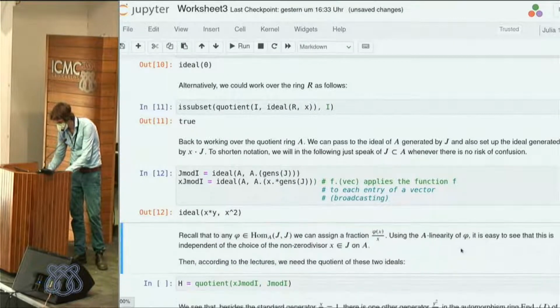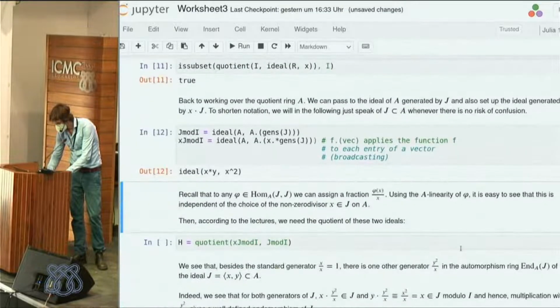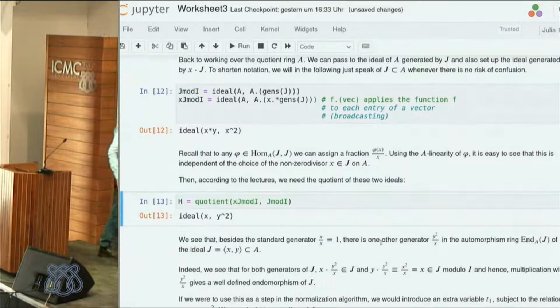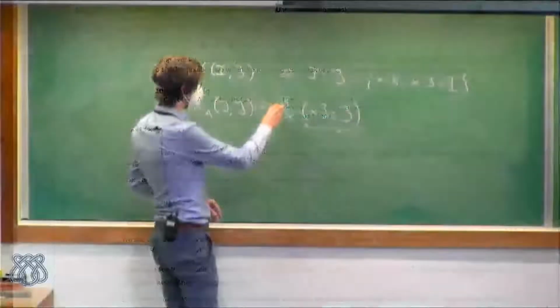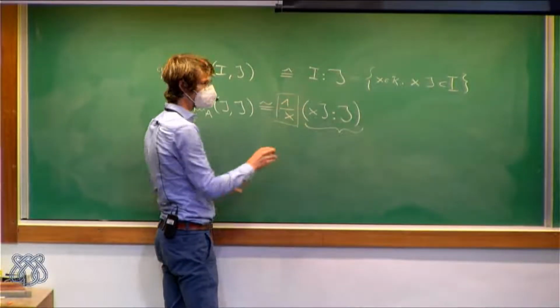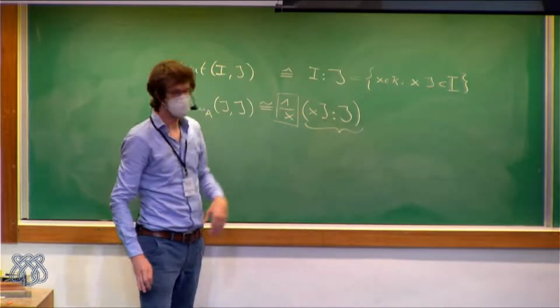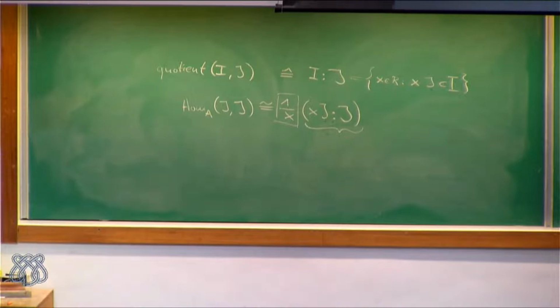I don't know why this text doesn't compile. So here comes this quotient that we see here. And just this part, just regard it as a formal 1 times x, right? So in here we have now, as you can see on the screen, x and y squared.